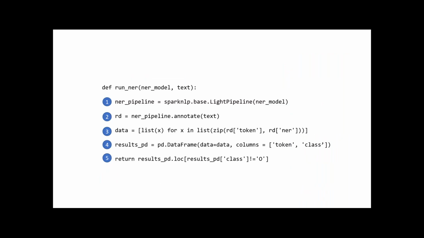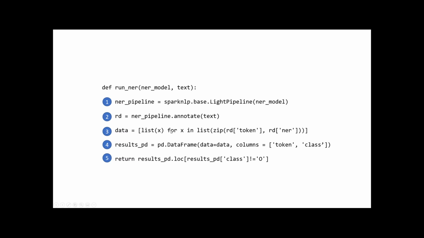For the next examples, we will always apply the same sequence of tasks, so I will put everything in a single Python function. We will call this function with our model and with the text we want to use over the model. Basically, the first step is we create this live pipeline from the model. Then we pass the text to the live pipeline, annotate this text, and get the results.